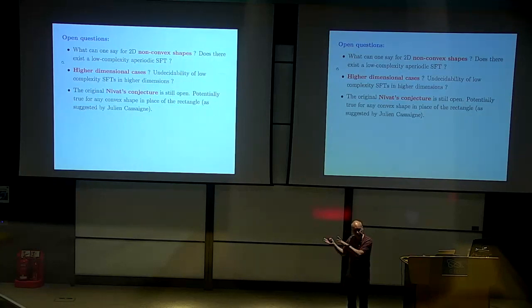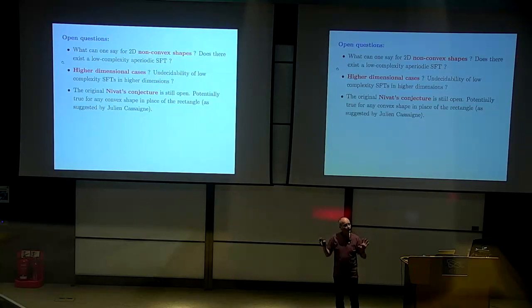We know it doesn't exist if your shape is convex, then it's not possible. We know it's not possible by Bhattacharya's result if your SFT is a set of co-tilers for some tile.